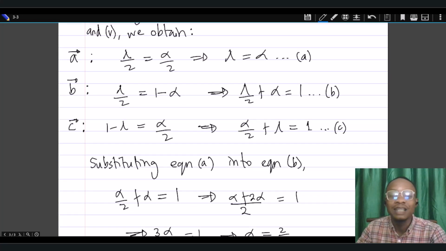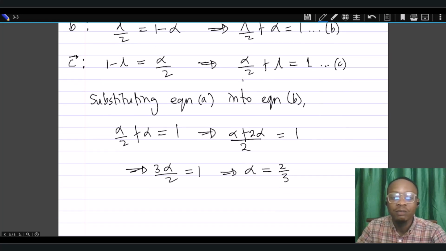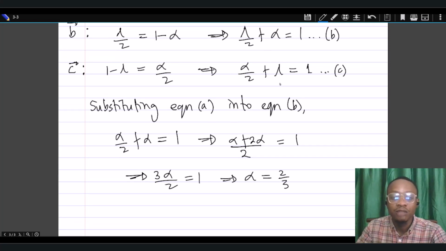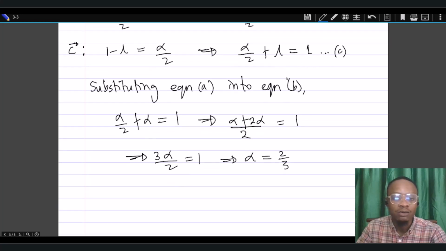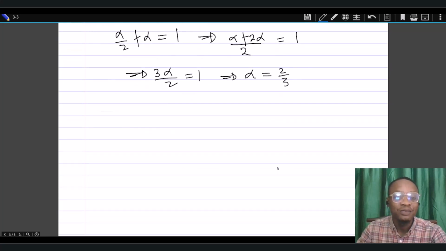And then we know that that is also going to be equal to lambda. Can we confirm that here? If we put alpha equals 2 over 3 here, this is going to give us 1 over 3 plus 2 over 3, and that gives us 1. Okay, so we have seen that alpha is equal to 2 over 3.